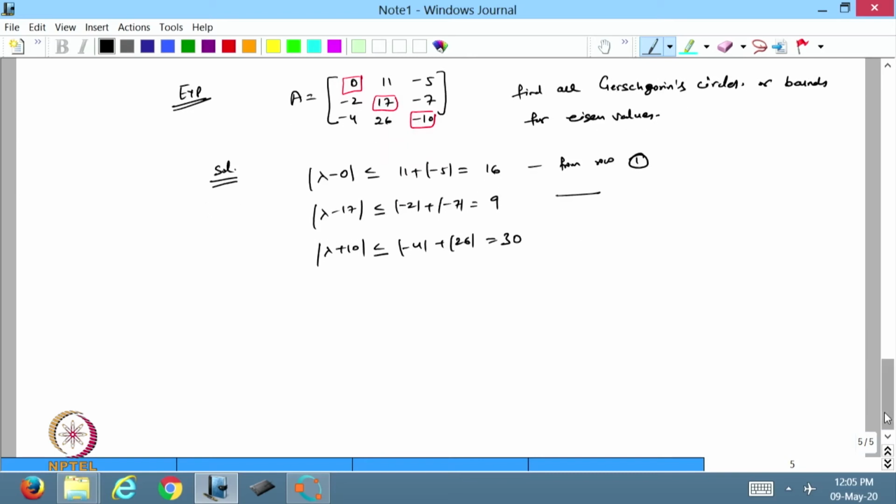Now, from here I will get the bounds. So, this gives that |λ| is less than or equal to 16. Now, what I do is I try to plot this in the complex plane. So, I am plotting this one in the complex plane.